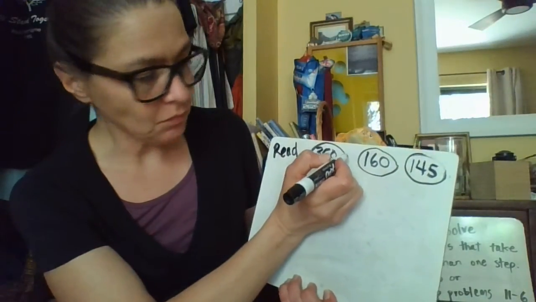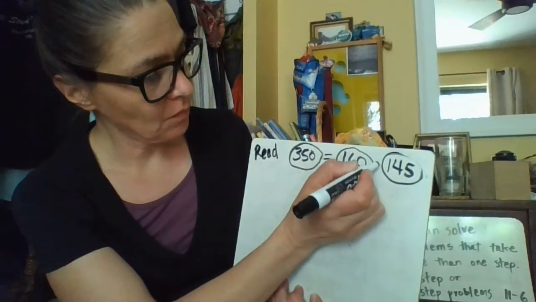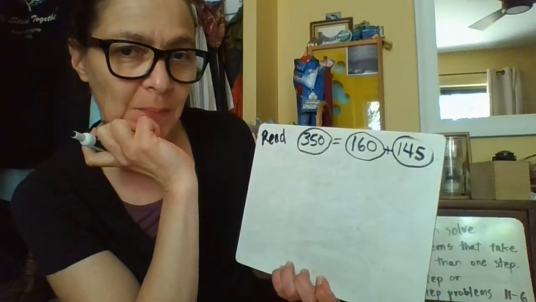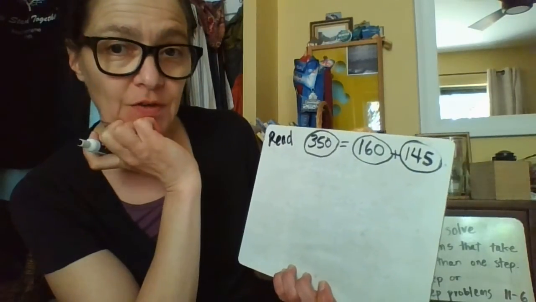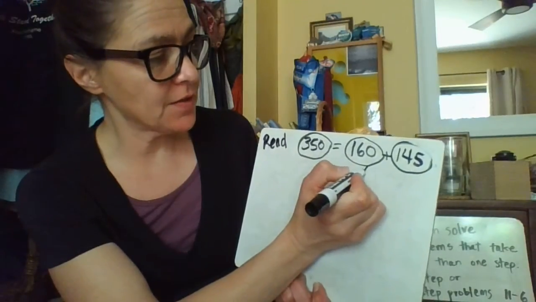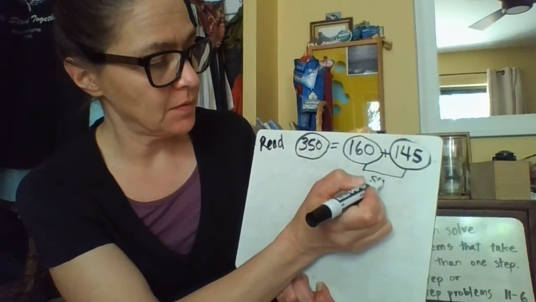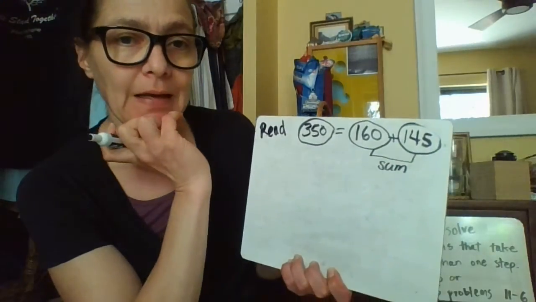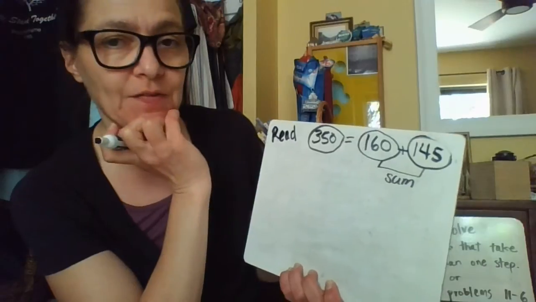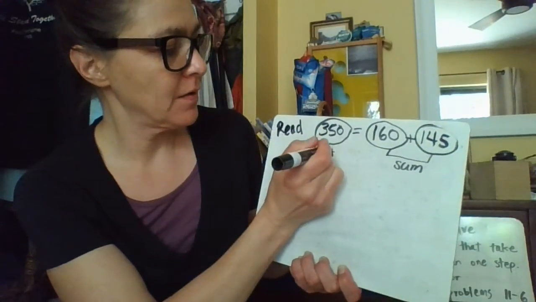So, you have to figure out what they want you to know. They want you to know how many she already has, which is the sum of these two. And then they're going to want you to know how many more she'll have to bake to get here.